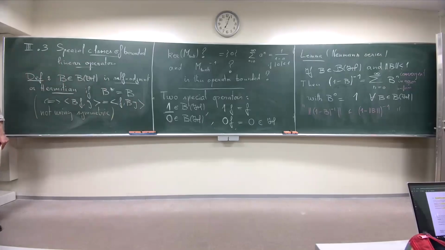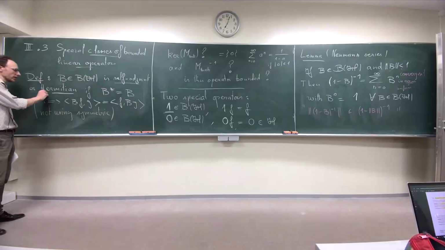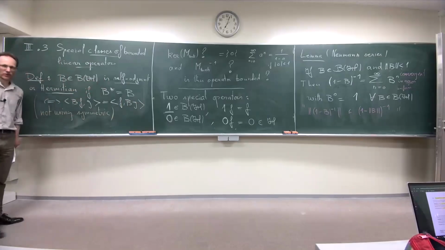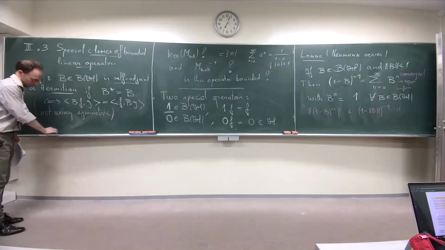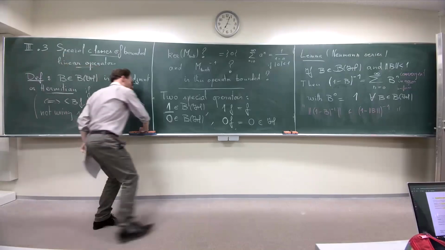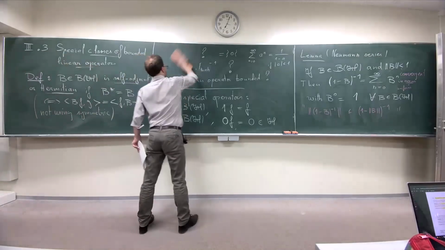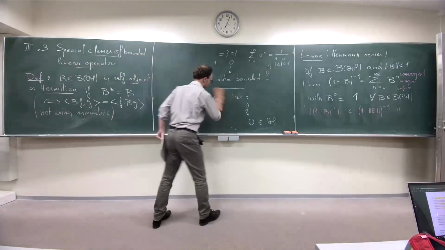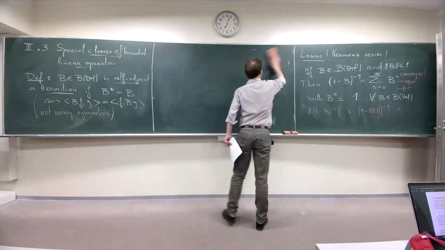But in this framework, symmetric has a slightly different meaning. So I don't use symmetric for now. Just be careful about this. The two official words are Hermitian or self-adjoint. It's not wrong to use symmetric, but we have to be a little bit careful. I will come back to this when I deal with unbounded operators.